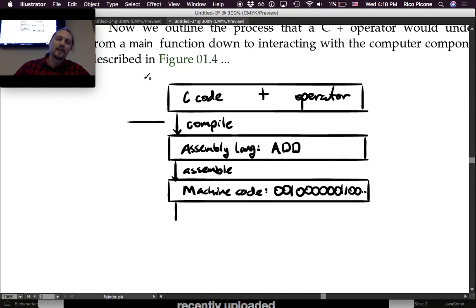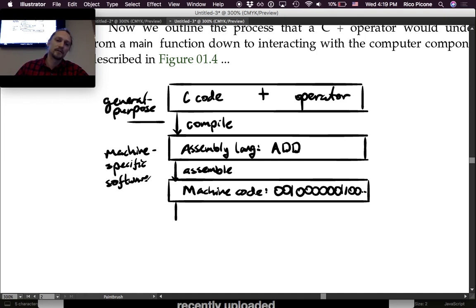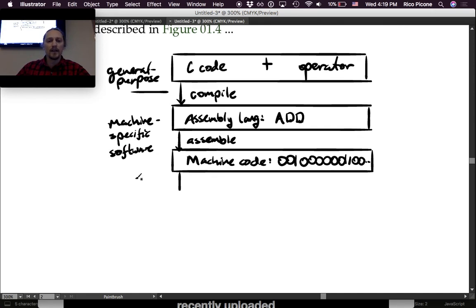We went from general purpose, as we called it, to below this is now machine specific. Software, and then we start interacting with the hardware.